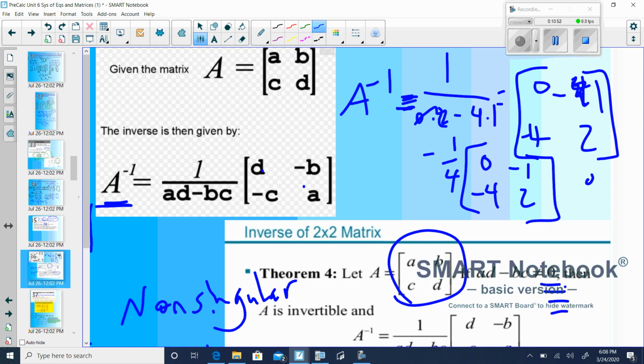So negative 1/4 times 0 is 0. Negative times negative is positive. 4 times 1/4 is 1. Negative times negative is positive. So multiplicative identity right there, anything times 1 is that thing. And then negative 1/4 times 2 is negative 1/2. So that, guys, is our inverse matrix.